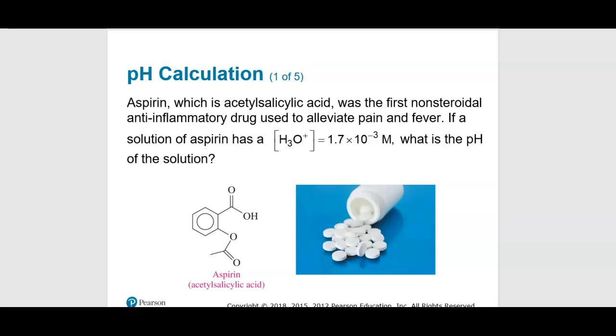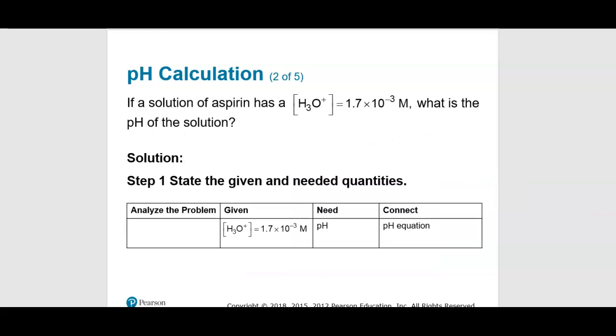Now you can calculate a pH from the concentration of hydronium ion. So you take a solution of aspirin at 1.7 times 10 to the minus 3. What's the pH of the solution? Well, it's the negative logarithm of 1.7 times 10 to the minus 3. With a scientific calculator, it can be simple.